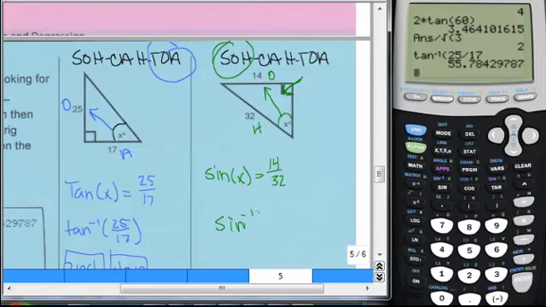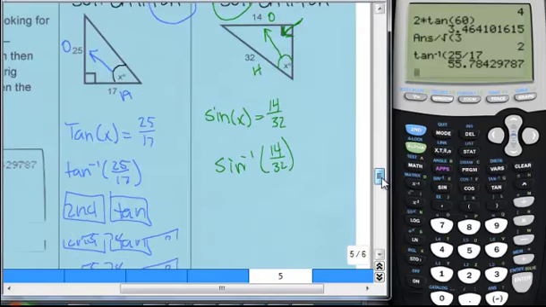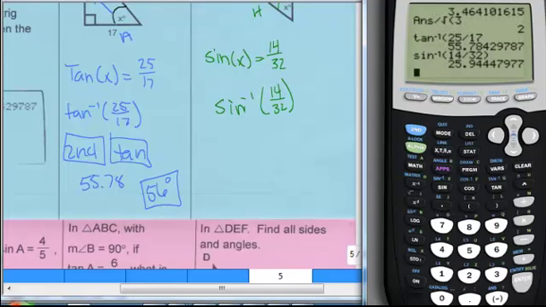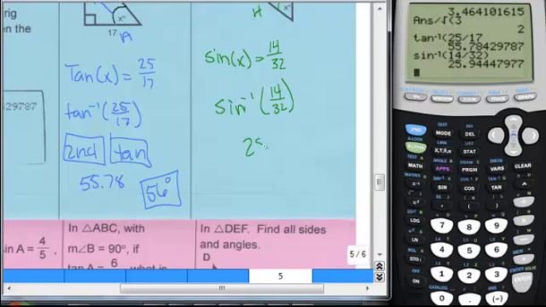So you have to use the inverse function. It's 25.9, and remember, round to the nearest whole number, so it's 26 degrees.